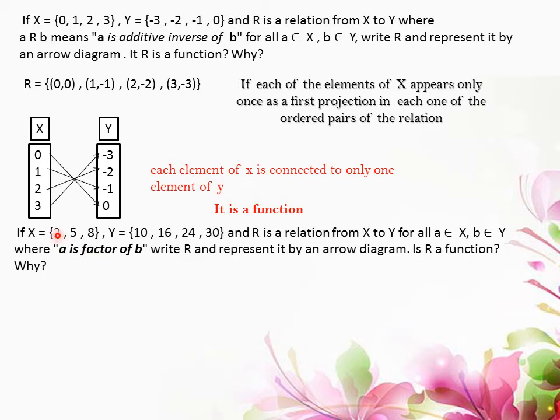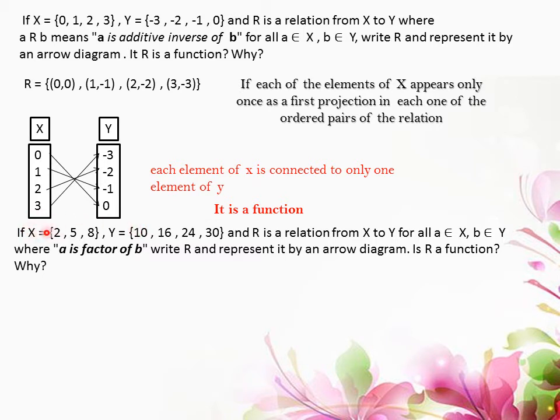2 and 10, 16, 24, 30. If we analyze 10, we'll see that 10 consists of 2 multiplied numbers, 2 times 5.